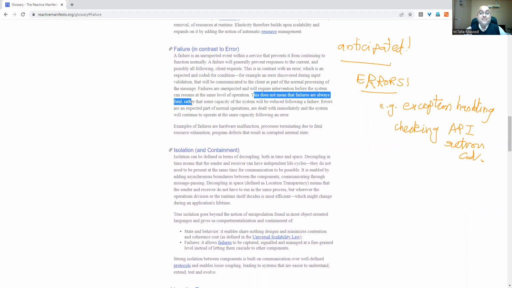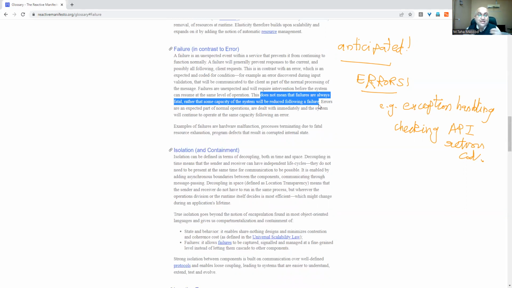In a truly reactive system, failures, even the unexpected, unanticipated errors, will not have the system collapse, right? Of course, there are ways. This does not mean that failures are always fatal, rather that some capacity of the system will be reduced following the failure. So there are many ways to recover from such a failure.